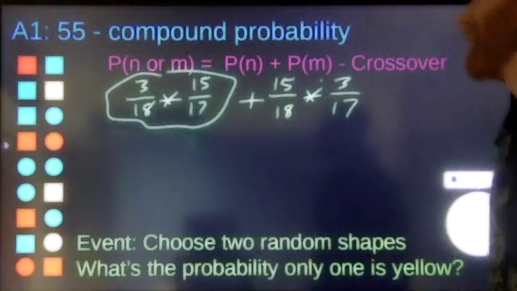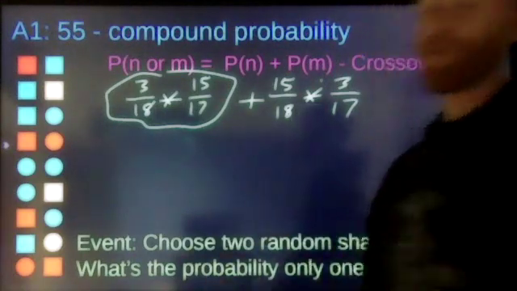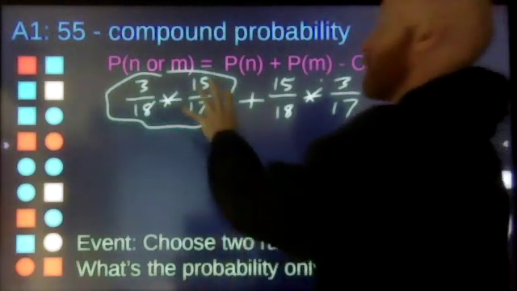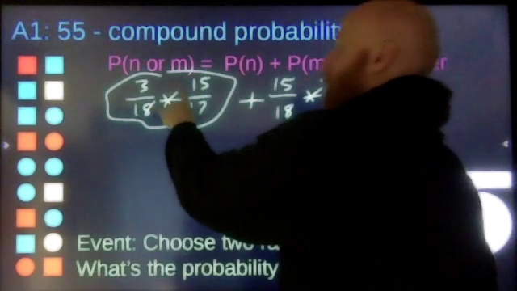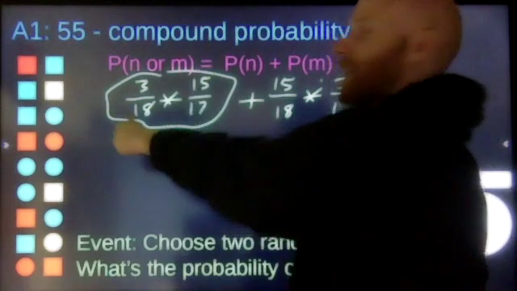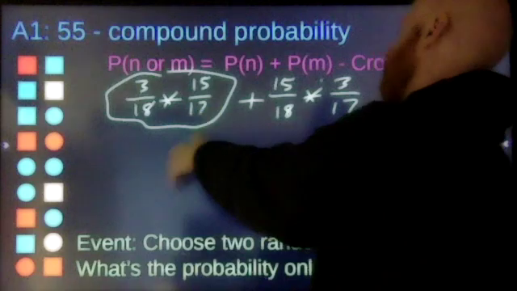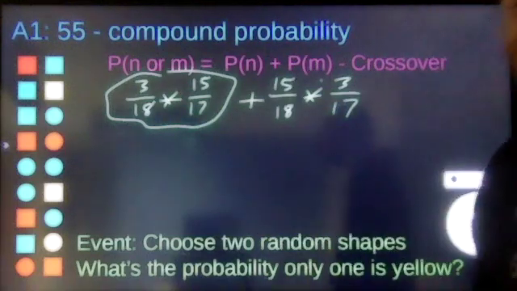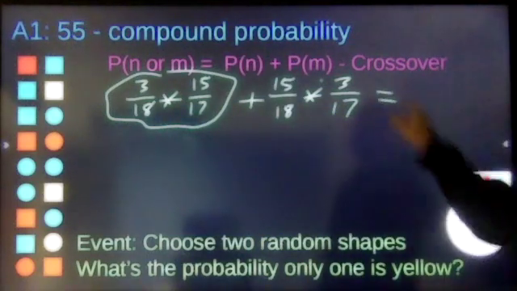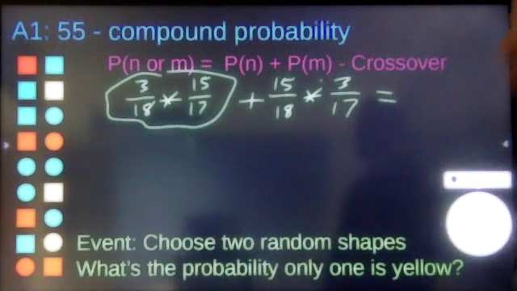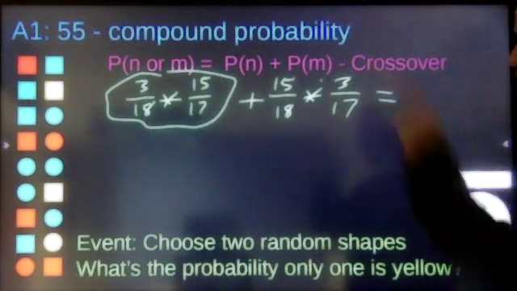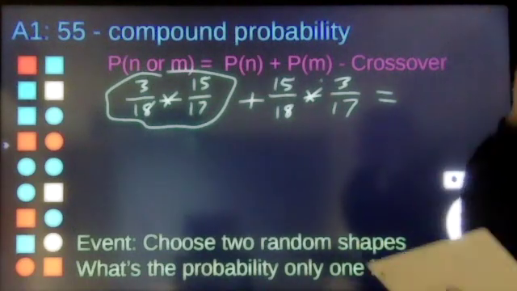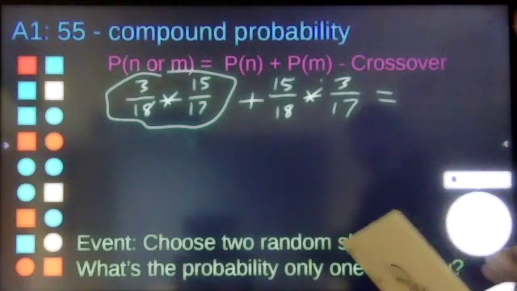And in this situation, there will be no crossover because we basically calculated probability that we only take the first shape as yellow or probability that we only take the second shape as yellow. Get an answer. Okay? Probably want a calculator to do all this. I don't have a calculator, so I'm going to use a computer.